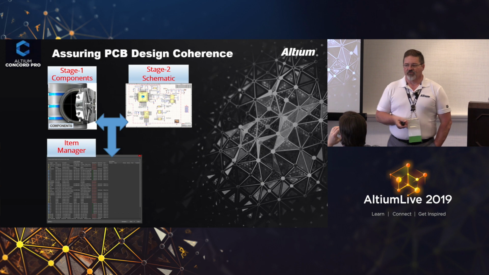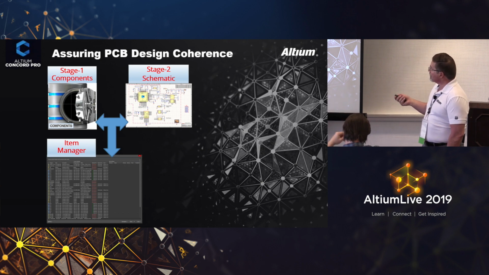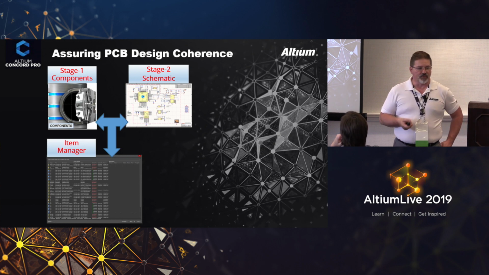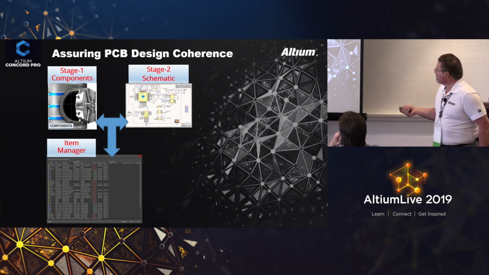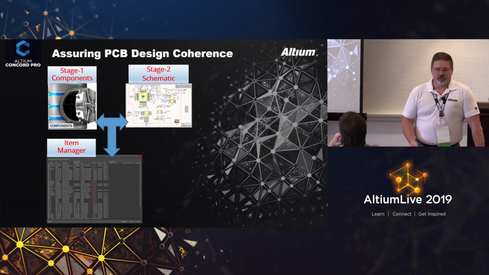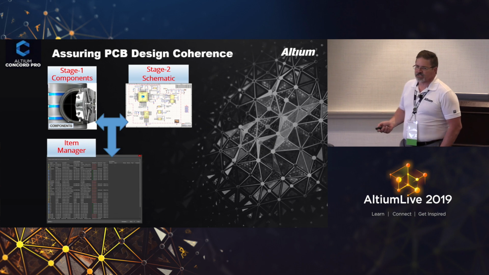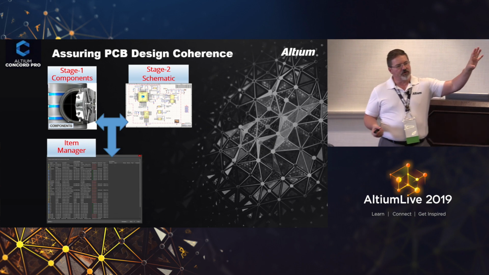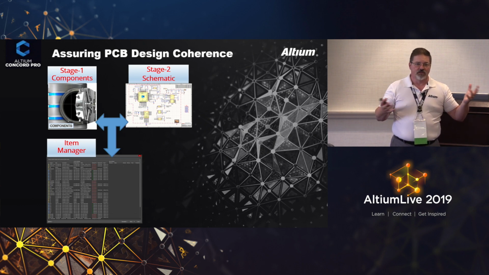So when those things are pushed, if you're in the middle of doing a schematic, one of the ways you can verify is by running your item manager. It double checks all your components. It takes your library and your schematic and does a compare to say, are we synced up? Are all my components recent? Are all my components up to date? All these different things.